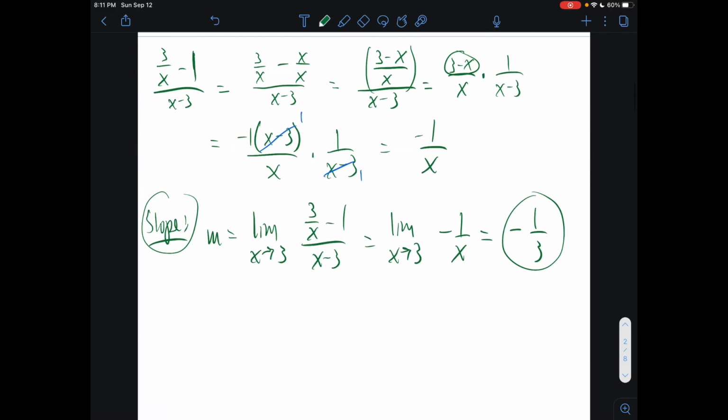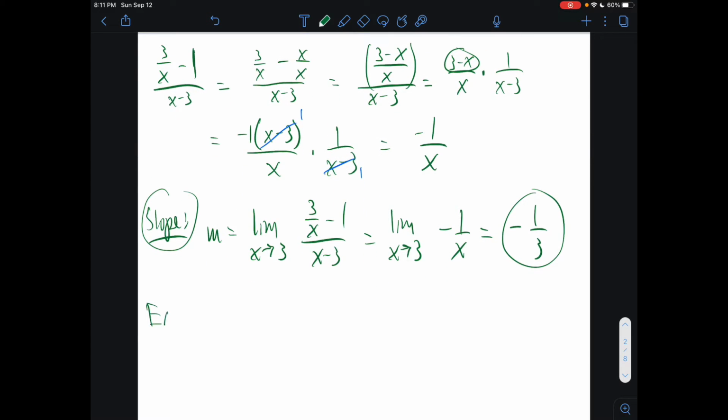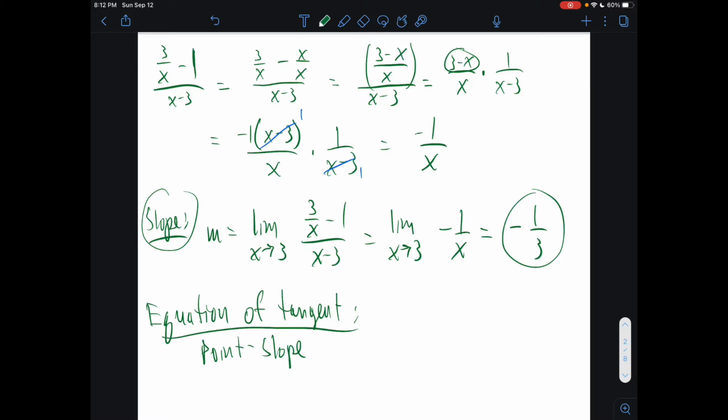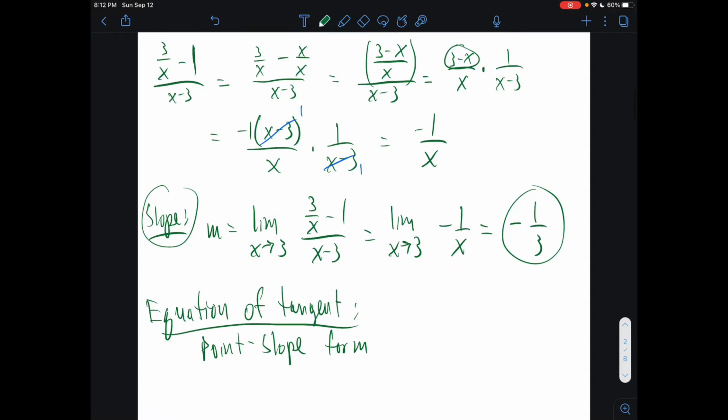So the equation of the tangent line can be easily written now if I just use the point slope form of the line, which means use a point that's on the line, which we already know, 3, 1, and then use the slope that we just found.